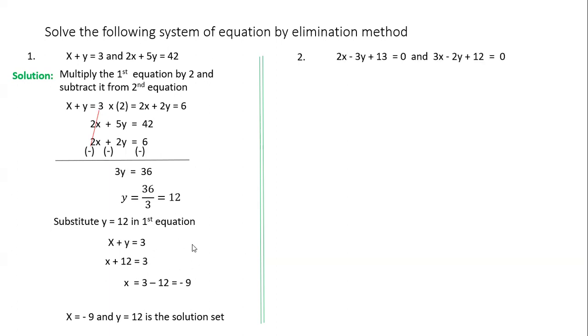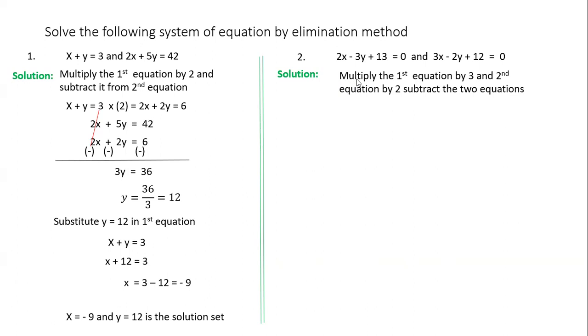2x minus 3y plus 13 is equal to 0 and 3x minus 2y plus 12 is equal to 0. So here all the terms are on the left hand side and it is equal to 0. So how do you solve this?